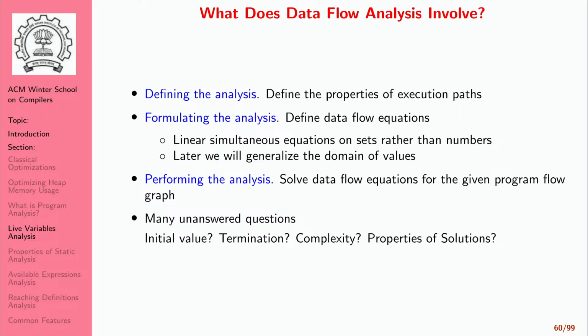So if you do linear simultaneous equations and depending upon the initial estimate that you have, you might get different solutions. Okay, theoretically speaking, we say this solution is a fixed point. Mathematically this is formalized as all these values become values in a lattice.